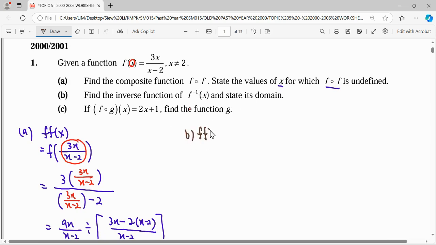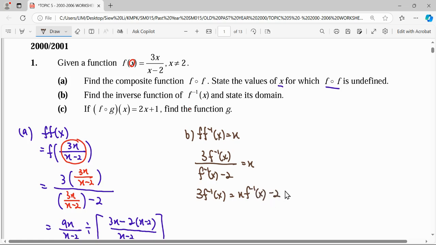So f inverse of f(x) equals x. We use the composite method to find our f inverse. Substitute f inverse into the function, so it becomes 3 f inverse over f inverse minus 2 equals x. What we need to do is cross multiplication, so that we get an equation without fractions.